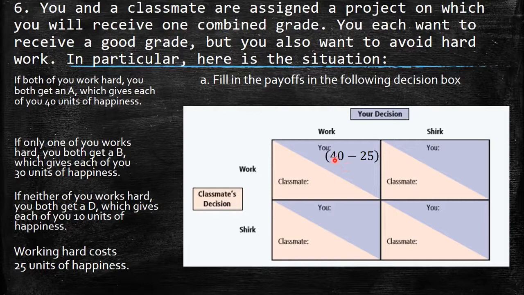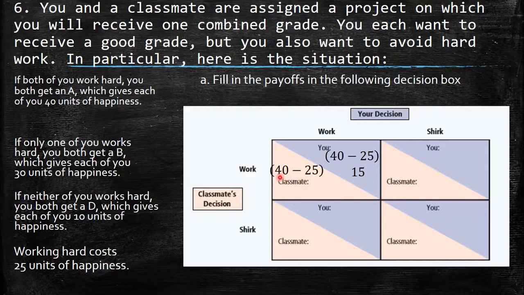But then remember, if you work hard you will get an A, which provides you 40 units of happiness. So if you work, you will receive 40 minus 25, but you receive that because the other one will work as well, and then both will get an A. So at the end, this should be your payment, right?